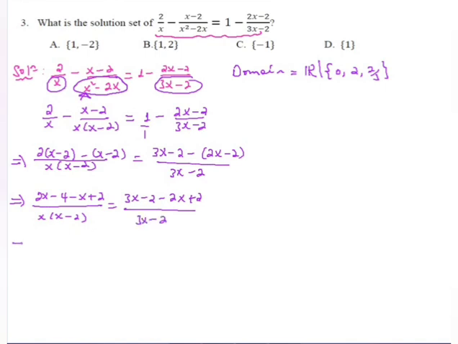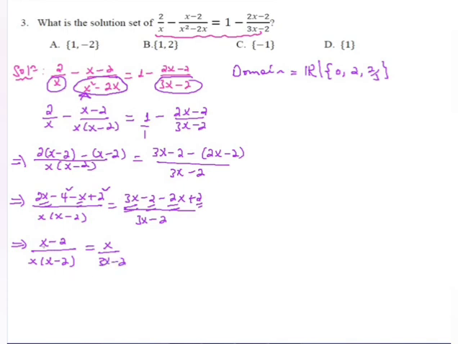Okay, now let us collect like terms. 2x with minus x becomes x. Minus 4 with positive 2 becomes minus 2, over x into x minus 2, which is the same as x here. 3x with minus 2x is x, minus 2 with positive 2 is 0, therefore it becomes x over 3x minus 2.